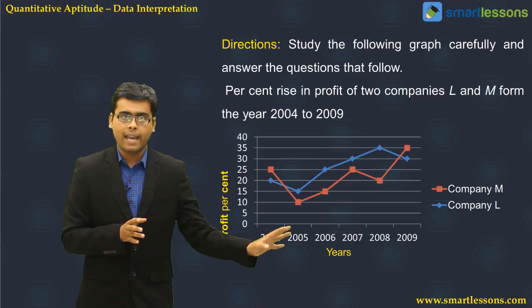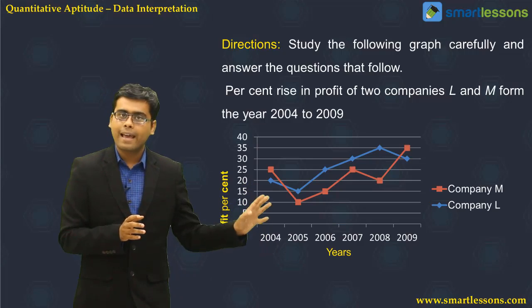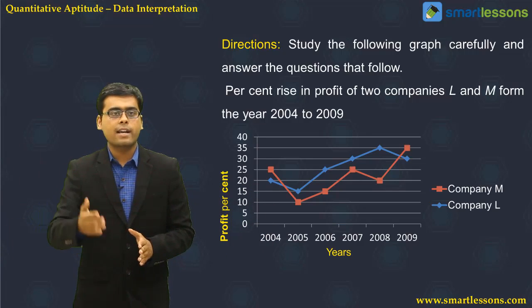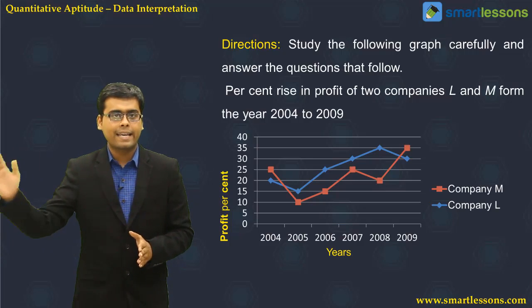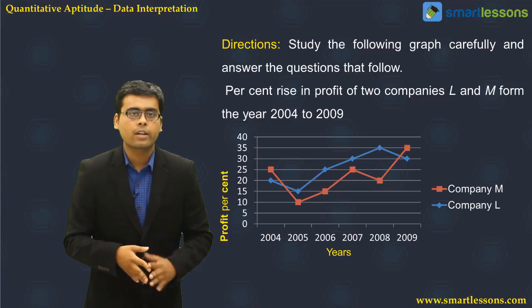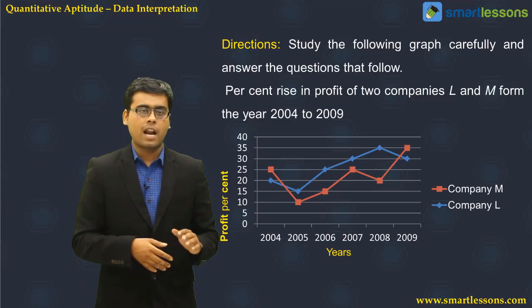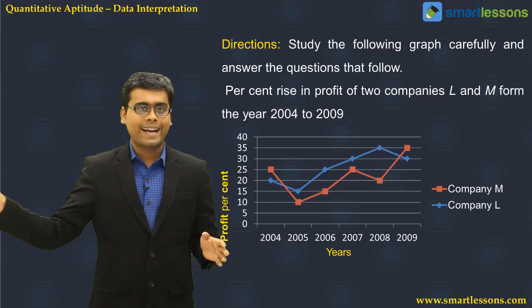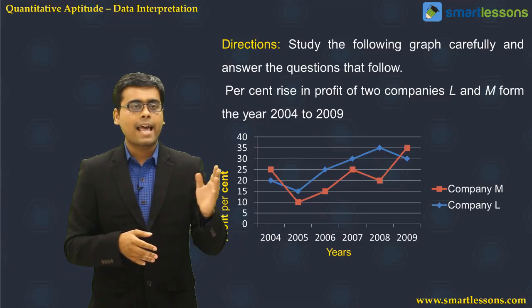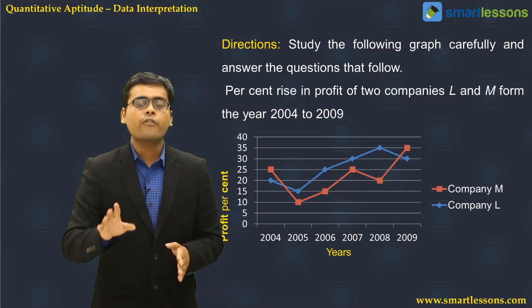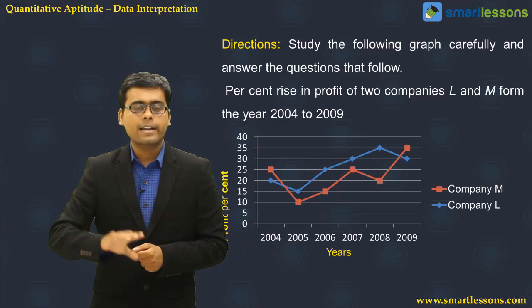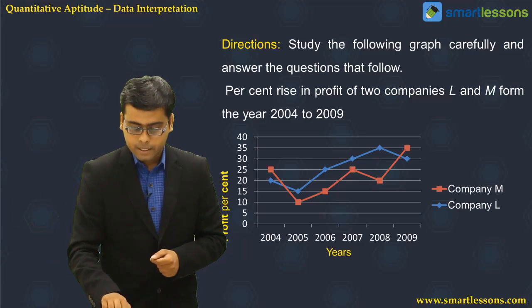One is company M, the other one is company L, over the period of time starting from 2004 ending at 2009. So, the horizontal axis of this graph represents different years starting from 2004 and ending at 2009, and the vertical axis represents the profit percent by both company M separately and company L separately.